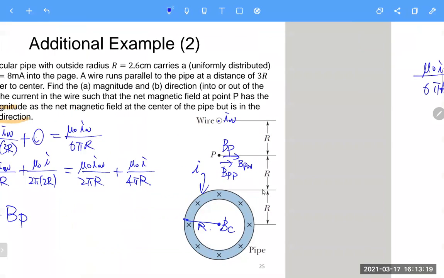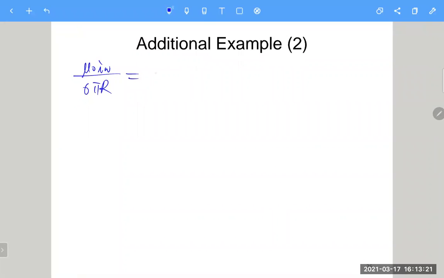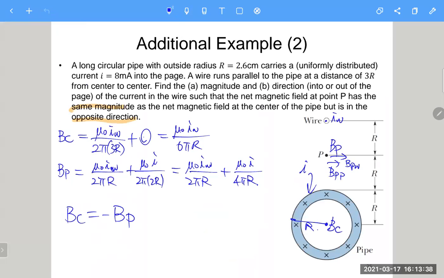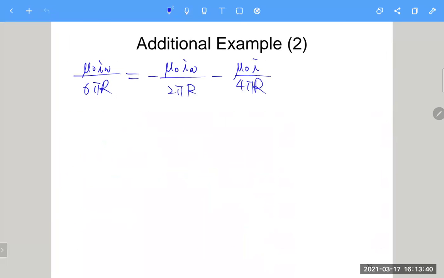So we have a minus sign: minus mu0 IW over 2 pi r minus mu0 I over 4 pi r. That's BC equals minus BP.